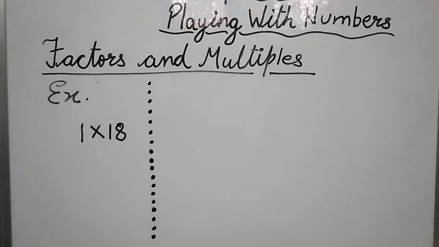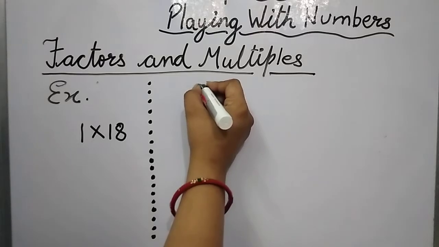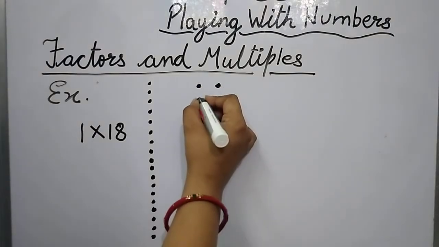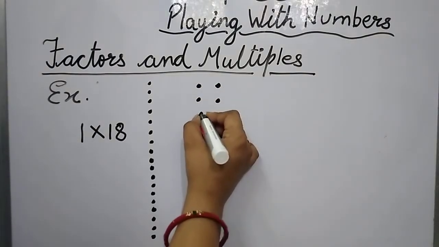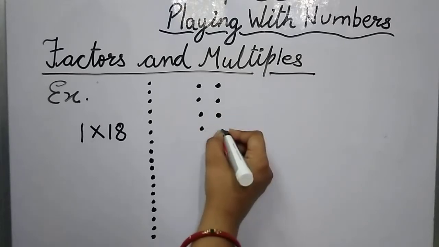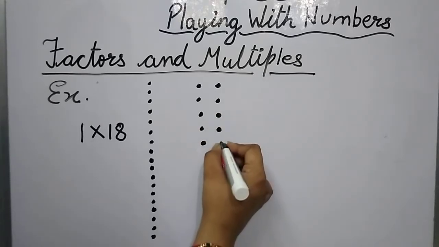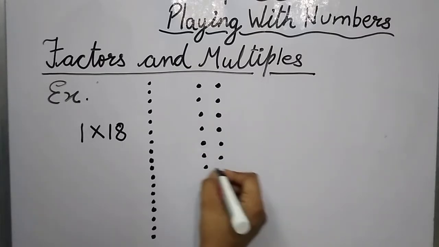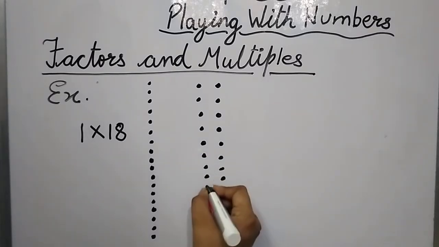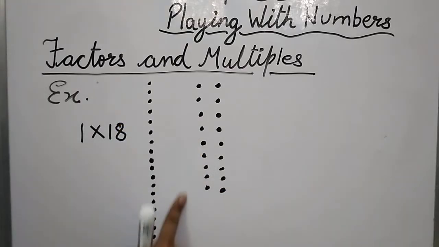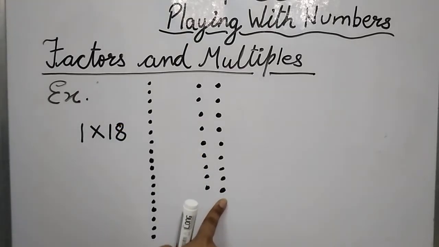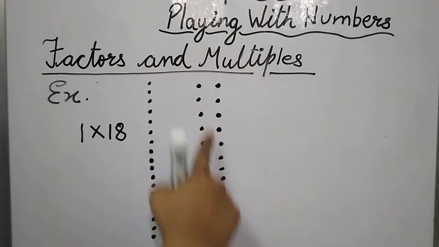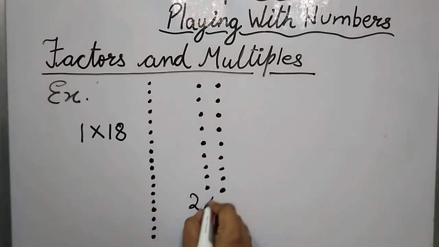You can arrange 2 marbles in one row and a total of 9 rows. So these are 9 rows and there are 2 marbles in each row. This can be represented as 2 multiplied by 9.